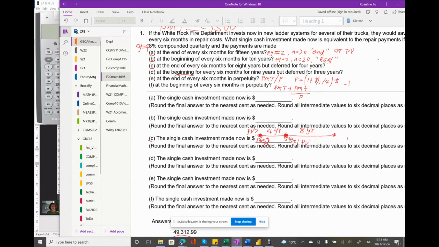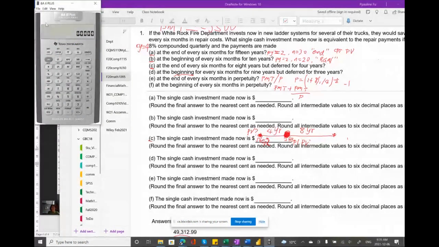Maybe I will not confuse you. I will do it step by step. Step 1, calculate the present value for the annuity at the beginning of 8 years. Okay, let's do step 1. In step 1, PY is 2, CY is 2. Just double check.